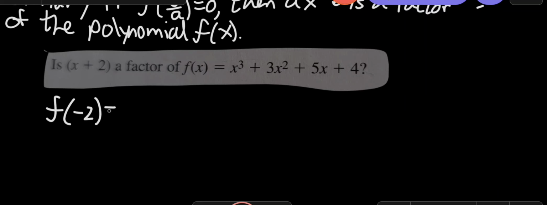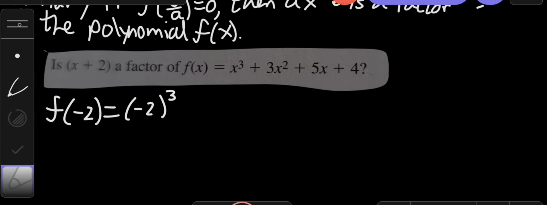So f of -2 is equal to -2 cubed. Remember, when you're replacing x with a value, make sure you enclose that value in parentheses. The exponent should go to the parentheses.